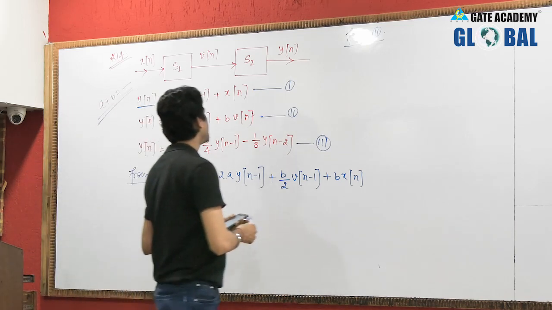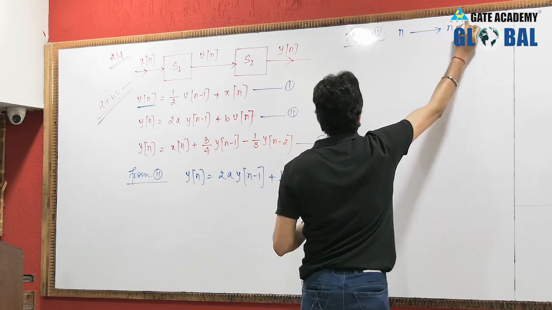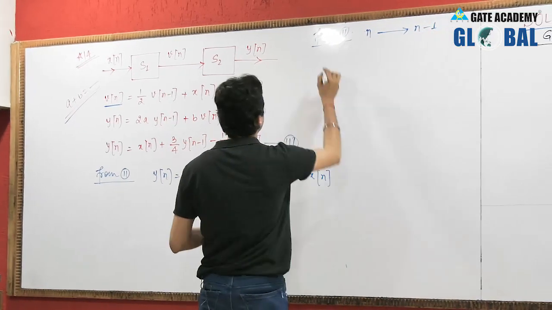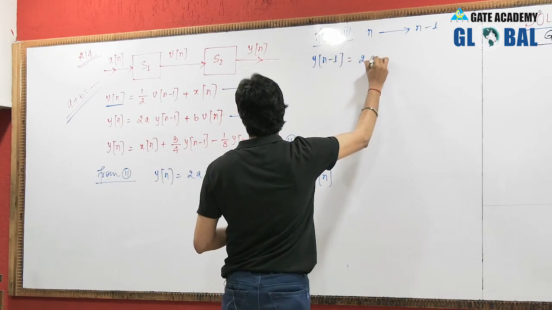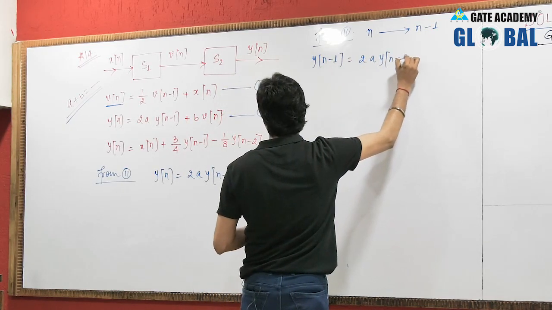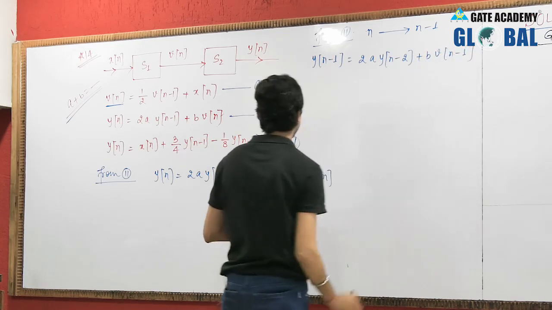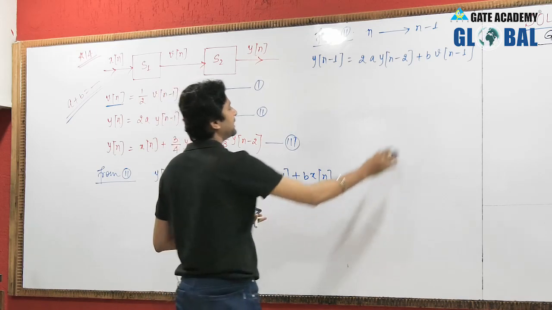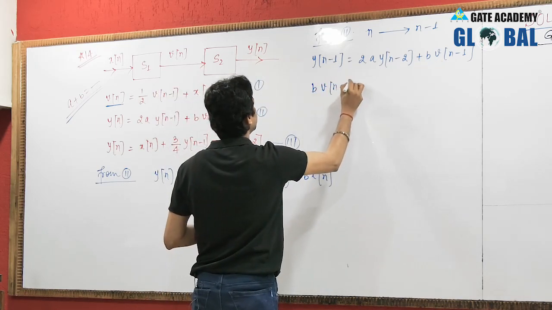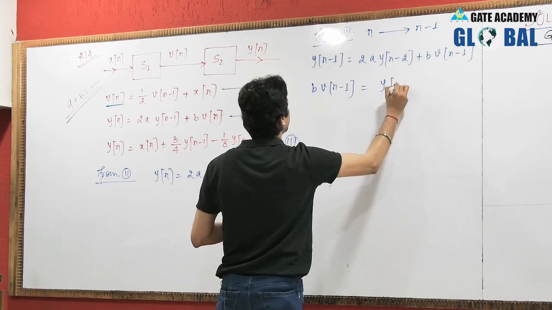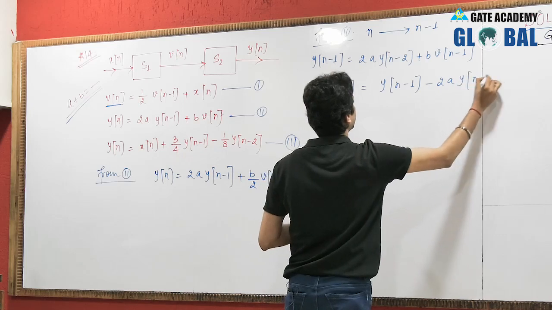So from equation 2, we are replacing n by n minus 1. If we replace n by n minus 1, then the equation becomes y of n minus 1 equals 2a times y of n minus 2 plus b times v of n minus 1. If we want the value of this term b into v of n minus 1, then it equals y of n minus 1 minus 2a times y of n minus 2.